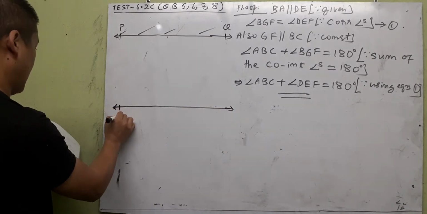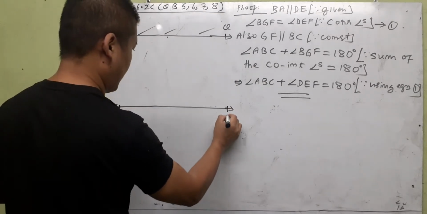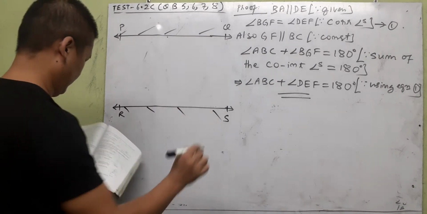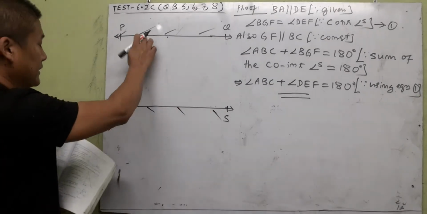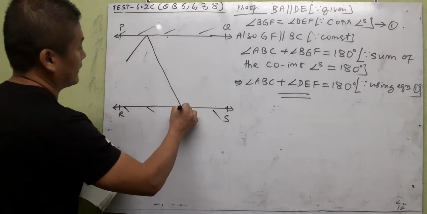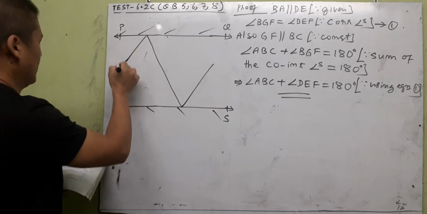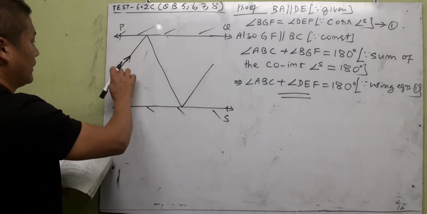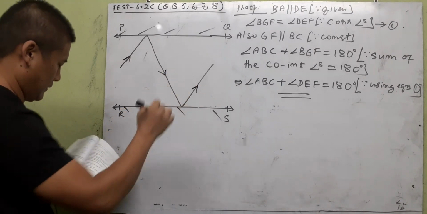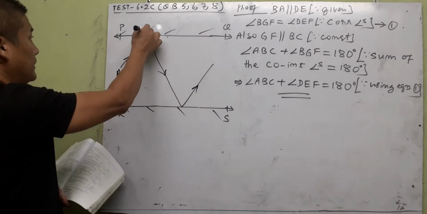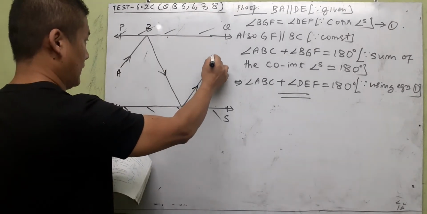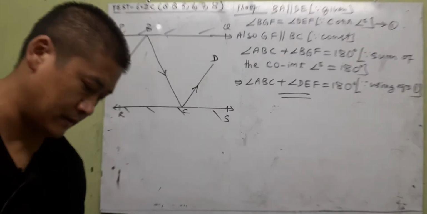This mirror is R, S. The reflecting side is this, so a ray has come like this and gone right down here and gone right up here. The direction is from here to here and then bounces back as the reflected ray. A, B, C and D are mentioned. So let us do this.